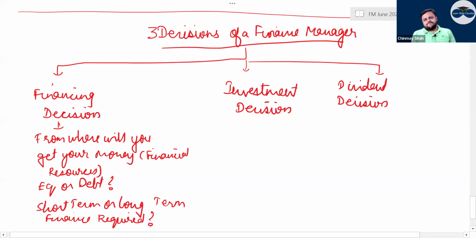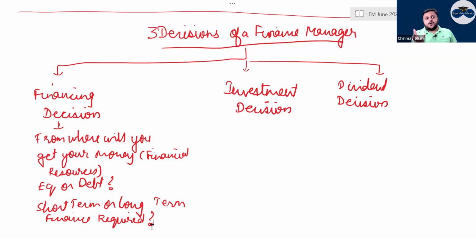Correct. Then coming to the investment decision. What is the investment decision? Sir, now I've got 200 million. How much to invest in non-current assets? How much to invest in current assets? Whether to invest in Pune, Mumbai, Bangalore, Hyderabad. Correct or not?